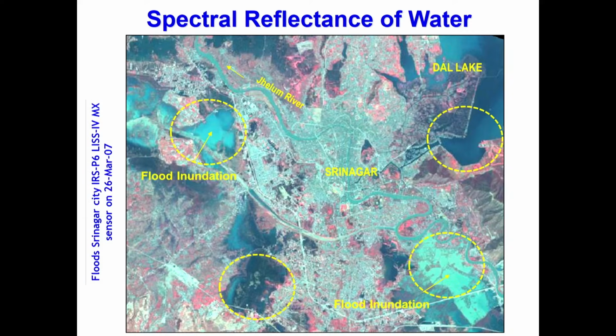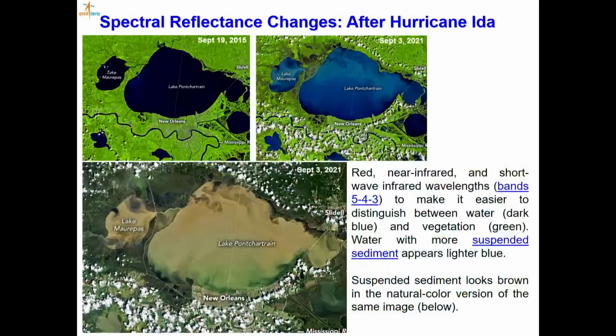We were seeing a false color composite, but in this image it is a different kind of combination. You can have a natural color, you can have different kinds of combinations. If you see the image on the left, it is the September 19 image where the water is in a calm state. And on the right side, that is a different date image.